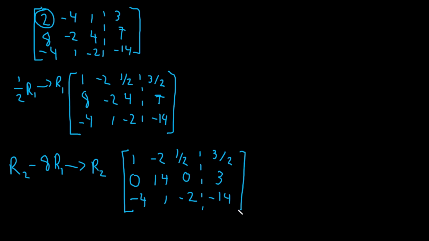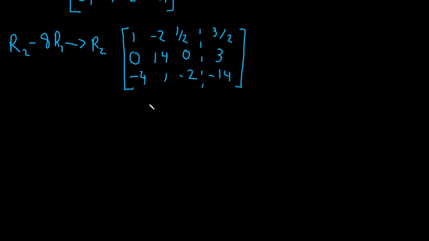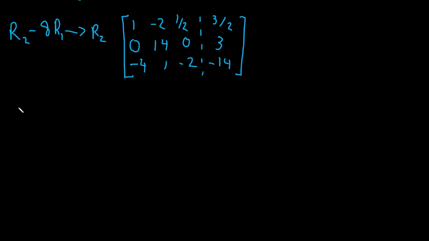Okay, so now, to create our second leading one, we can divide the entire second row of our matrix by 14. That would be 1 over 14 times row 2, and we're replacing row 2 in our resulting matrix.